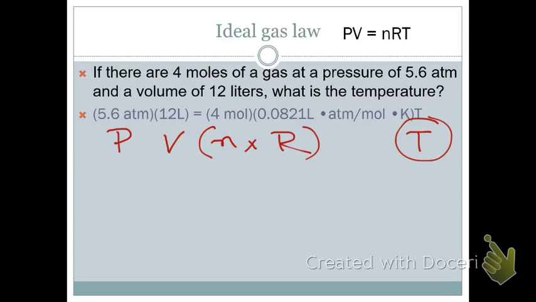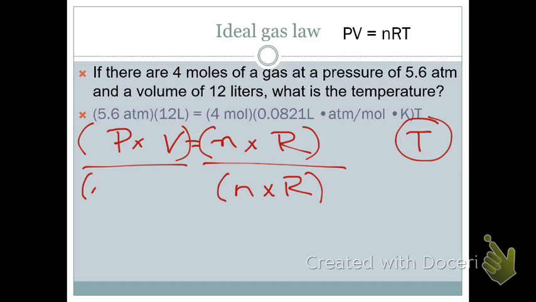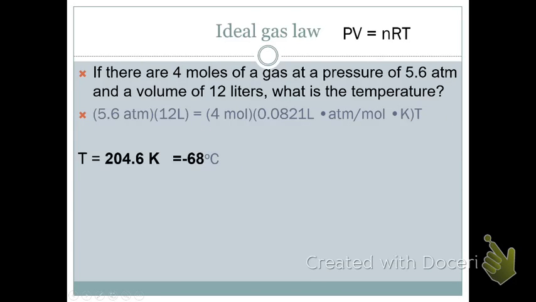Again, we need to get rid of our N and R values, so we're going to divide both sides by your moles and your R value. Cancel these out, so I'm left with the value of T. All right, so let's just lay this out.